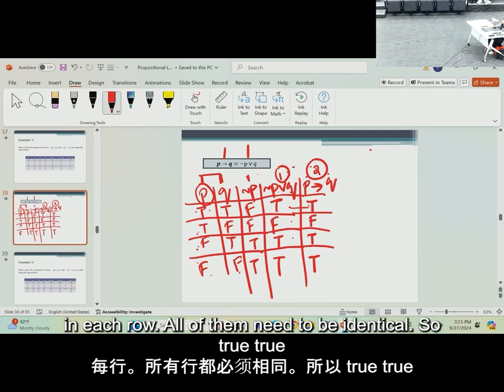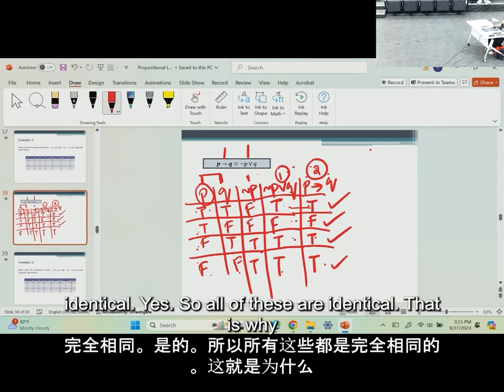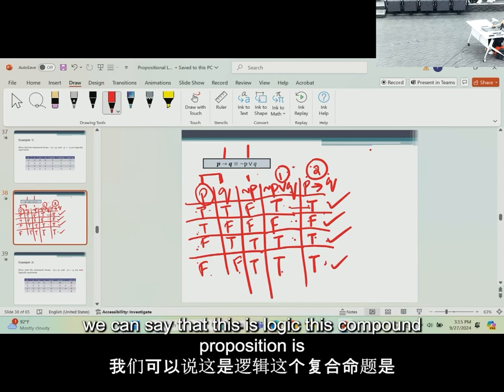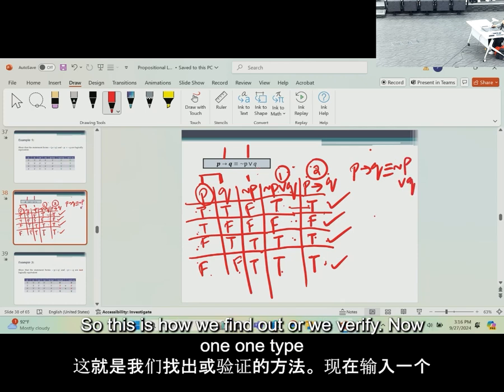All of them need to be identical. So true, true, false, false, identical, yes. True, true, identical, yes. True, true, identical, yes. So all of these are identical. That is why we can say that this conditional statement is logically equivalent to this.